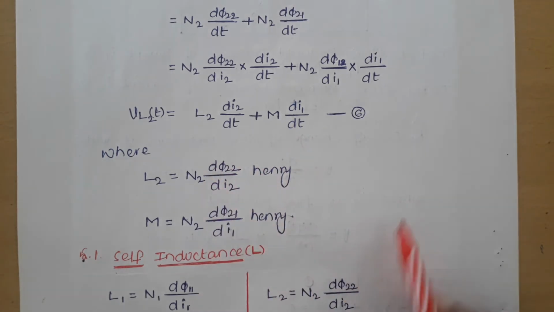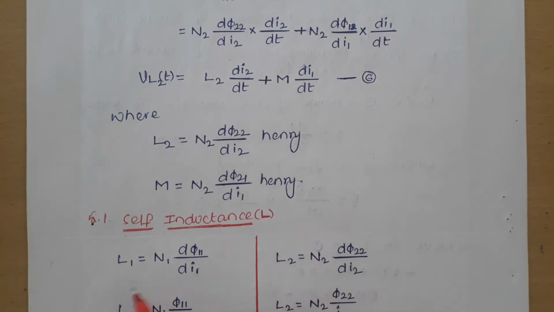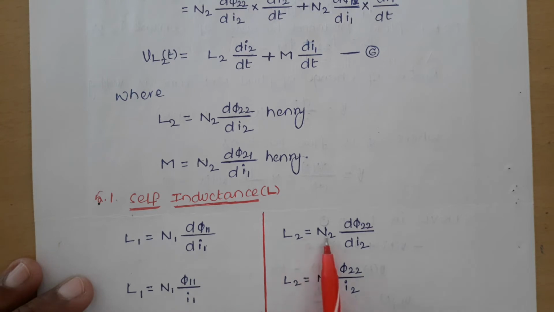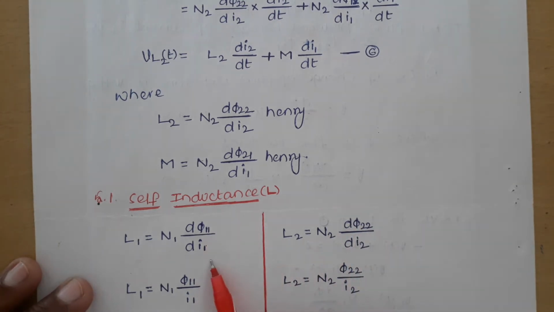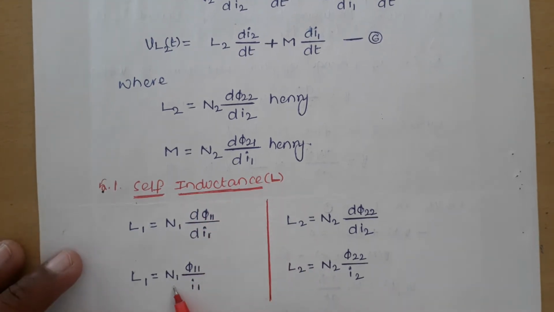Writing these self inductances and mutual inductance in one place: L1 and L2 are self inductances and M is the mutual inductance. L1 equals N1 dφ11 by di1 and L2 equals N2 dφ22 by di2. If φ11 and I1 are linear, we can remove the differentiation, so L1 equals N1 φ11 by I1, and similarly L2 equals N2 φ22 by I2.